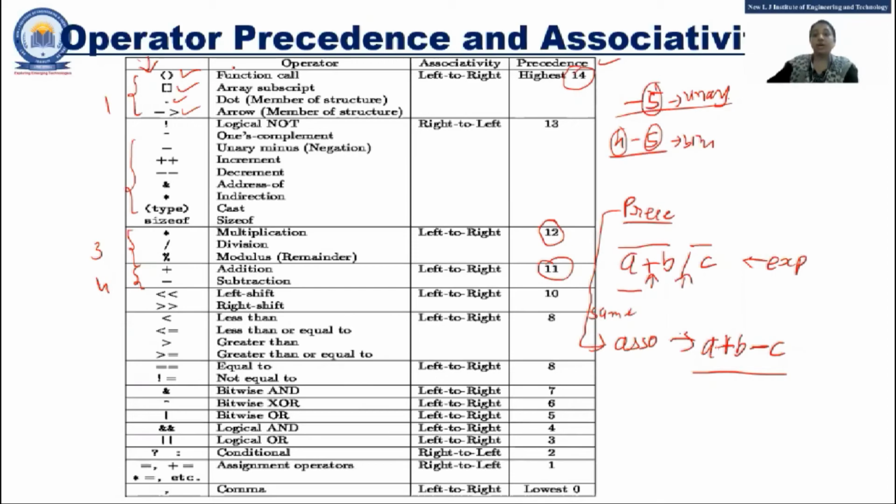Associativity applies when you have operators of the same precedence. Again repeating, when operators have the same precedence, you have to go for associativity. Associativity has two ways: either it executes left to right or right to left.